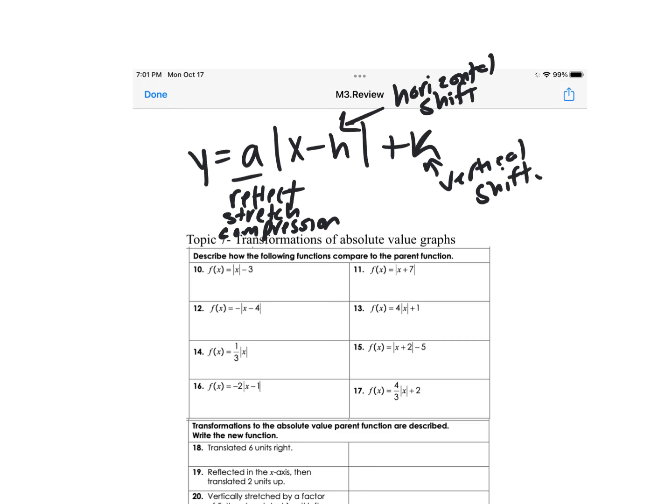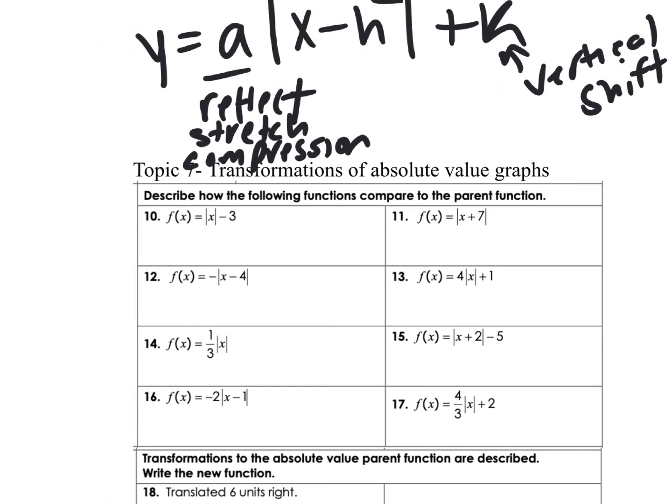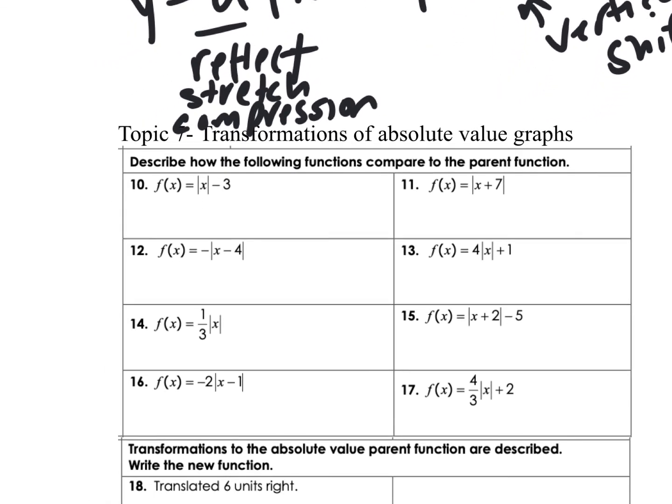Now remember, H is tricky. Everything else is pretty straightforward, but H is always the opposite. All right, so for number 10, describe the transformation. Down 3. Number 11, it's plus 7 inside the absolute value, so that's left 7. All right, we've got a negative in front of the absolute value, which means it's reflected. And then we have 4 being subtracted, which means right 4. It's always the opposite for H.